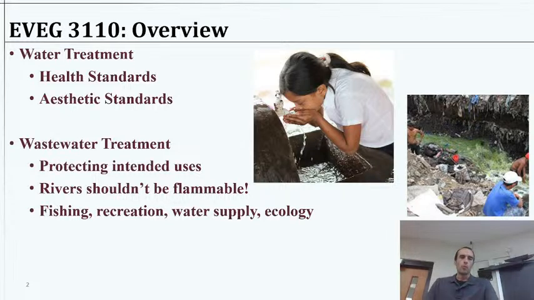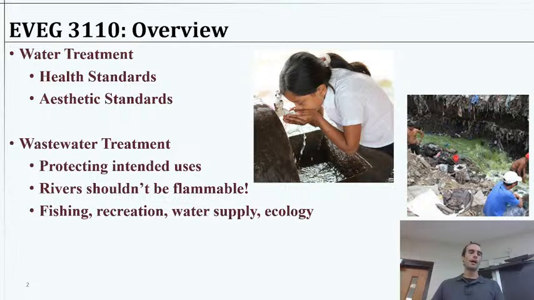All right, so big picture, water treatment for drinking, we have two specific tasks typically. One is to protect health. These would be health standards. We'll talk more about them in a few lectures. They are mandated standards we have to meet in order to protect human health.